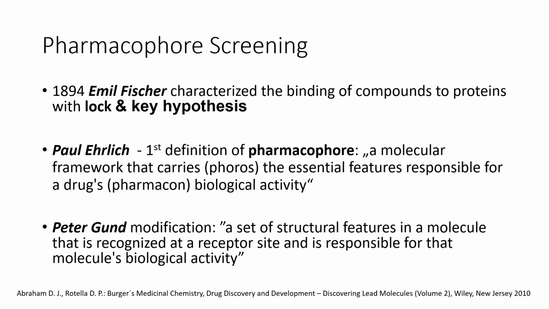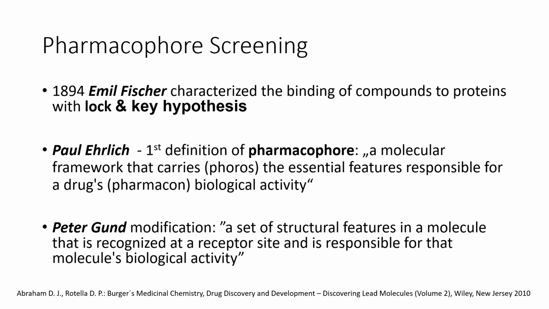The second approach in ligand-based drug design is the pharmacophore screening. The ground was laid by Emil Fischer with the lock-and-key hypothesis applied to drug and the target. The real definition of pharmacophore came with Paul Ehrlich, who defined the pharmacophore as a molecular framework that carries the essential features responsible for a drug's biological activity.